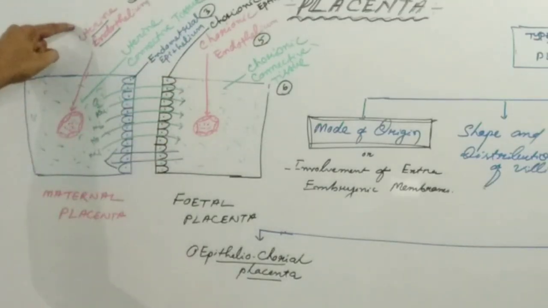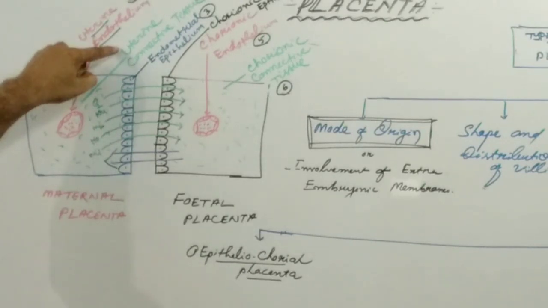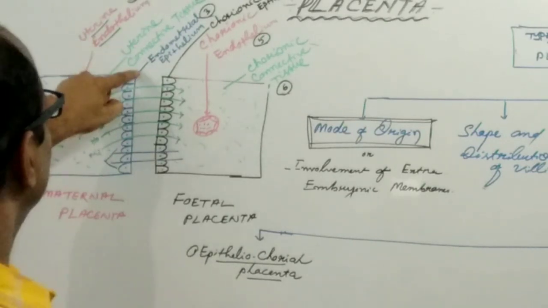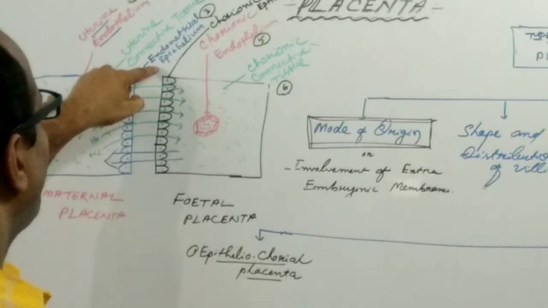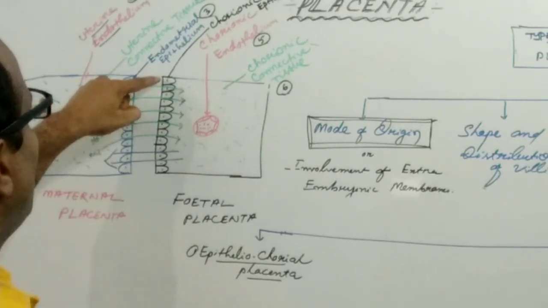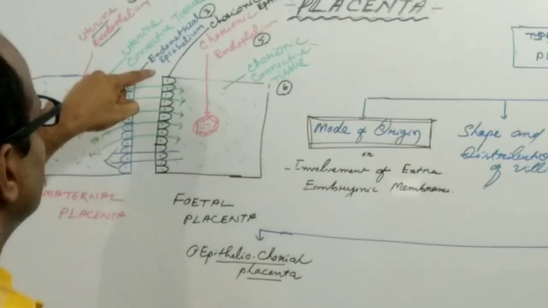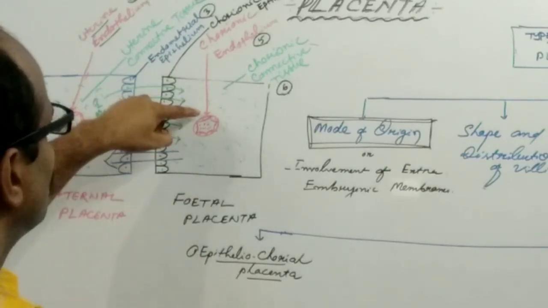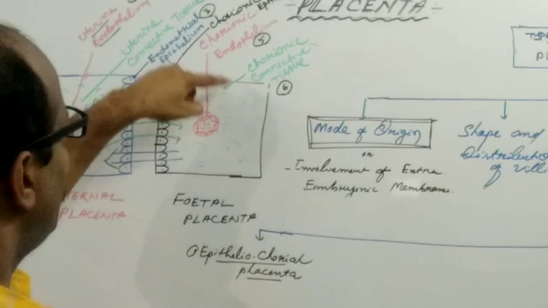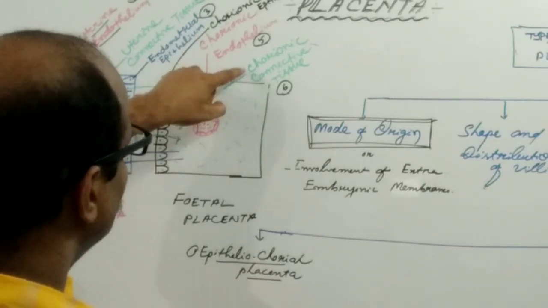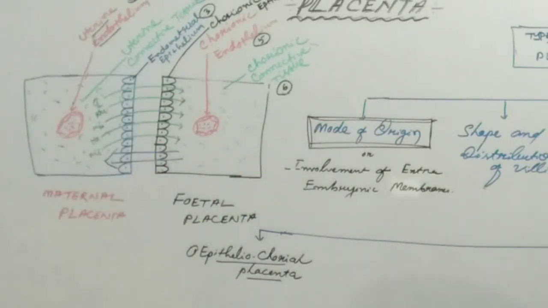These are the uterine endothelium, the uterine connective tissue, the endometrial epithelium, and then the fetal part: the chorionic epithelium, the chorionic endothelium, and the connective tissue of the chorion. These are the 6 membranes.